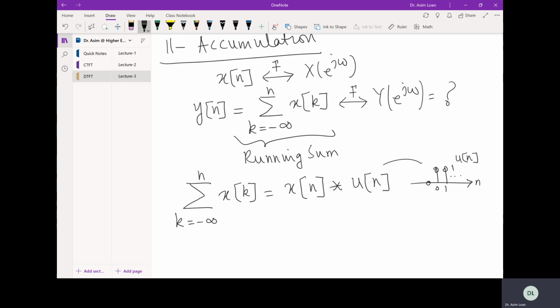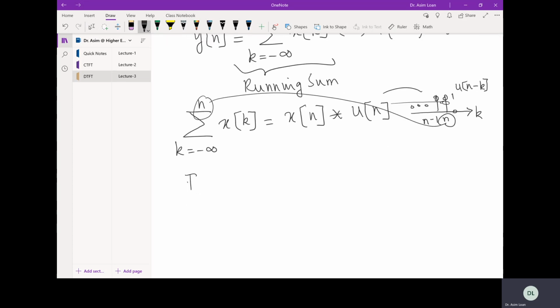When you do u of n minus k, this would be k, this would be 0, this would be minus 1, and since it's u of n minus k, this would be n, this would be n minus 1, and so on. So you would be summing from minus infinity all the way up to n. That's why you have this n, which corresponds to this n over here.